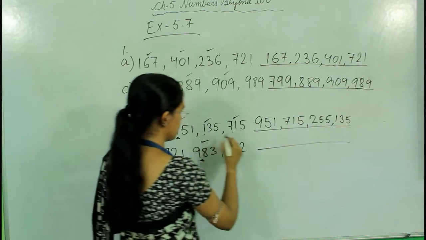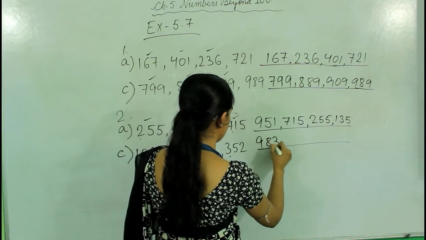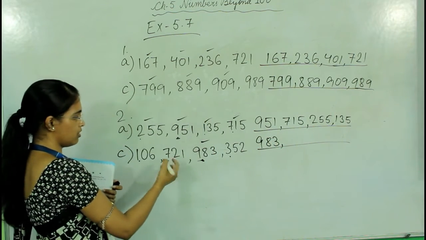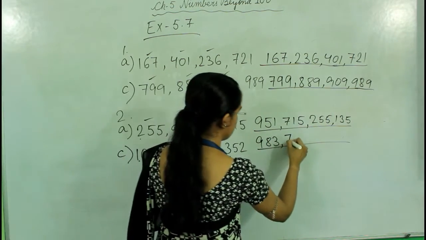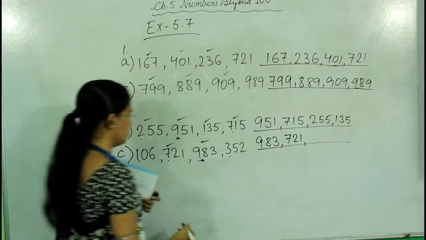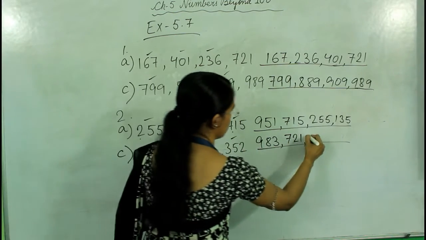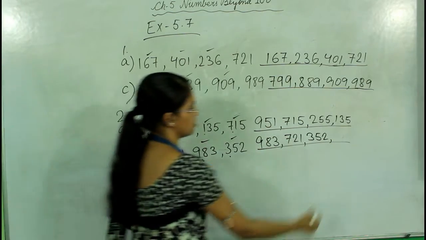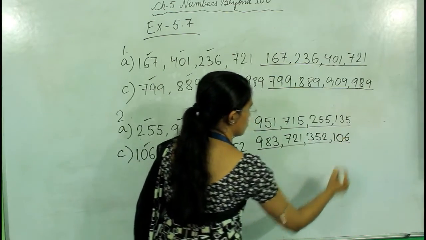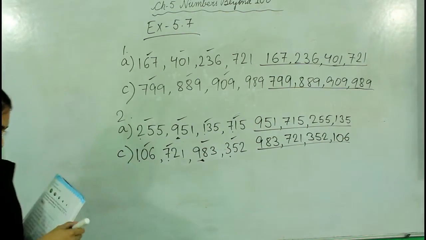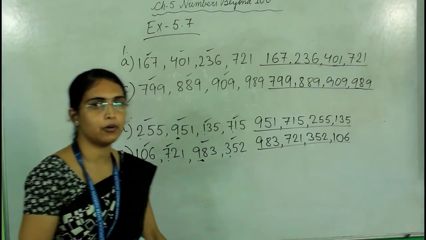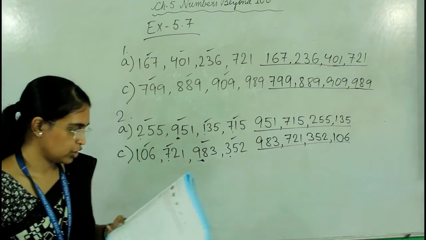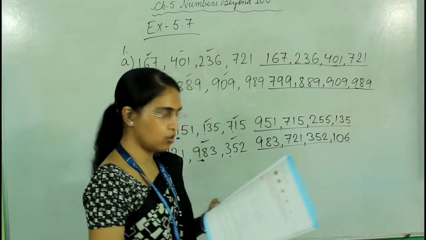So 983 is the biggest number. Write 983 at the first. Then 721. Then 352. And at the last we have 106. So in this way you have to do this type of sums. Now question number 2b is your homework.